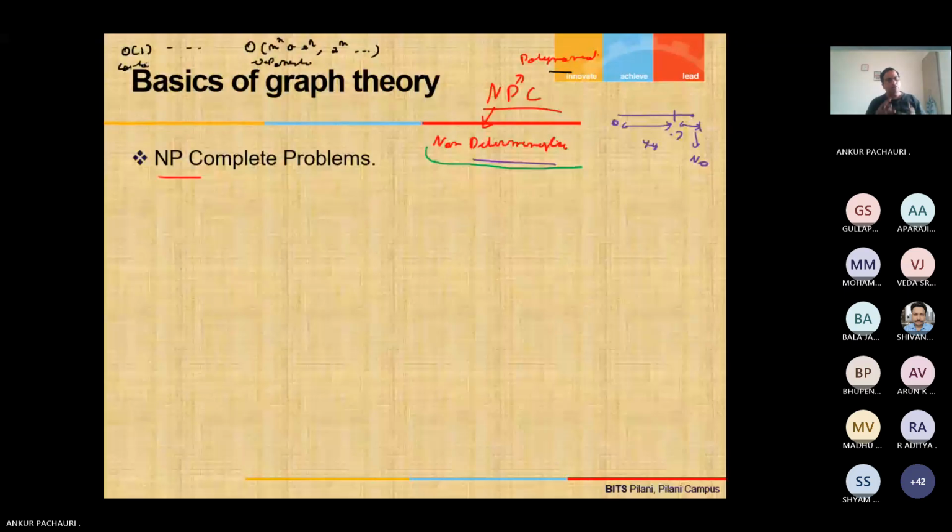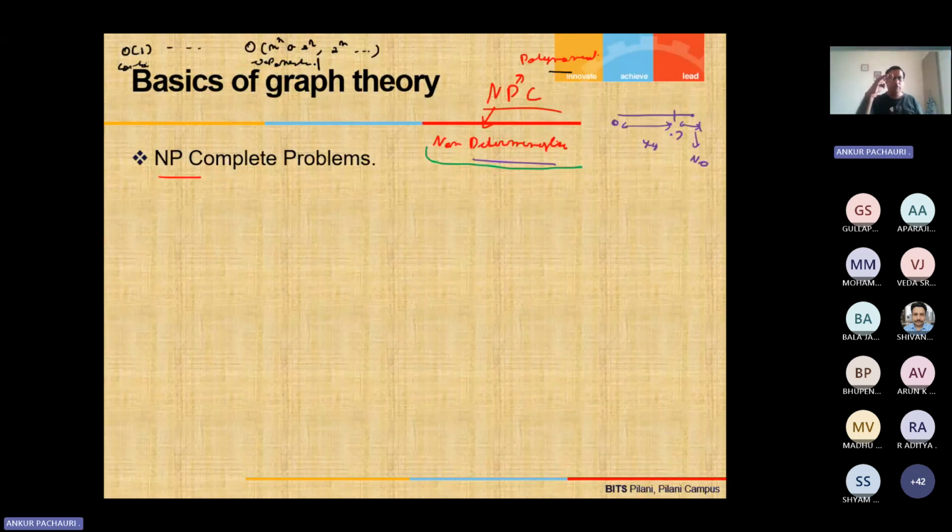And if any algorithm has exponential time complexity, what does it mean? Same like isomorphism, you'll have to check each and every possibility in the worst case to get the solution. So this is the last known upper bound for the complexity of any algorithm: exponential.